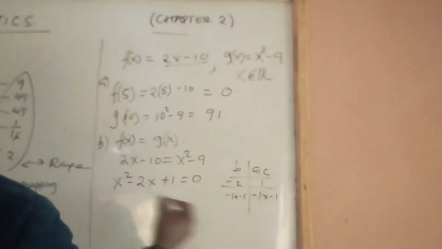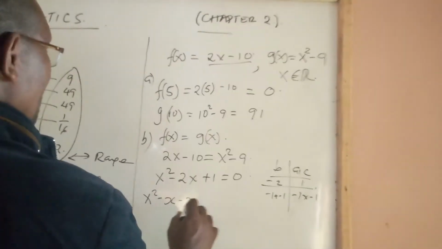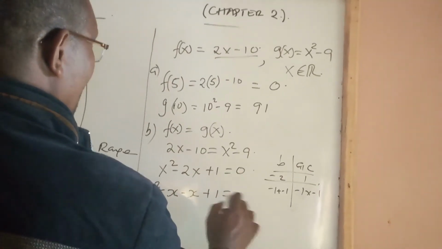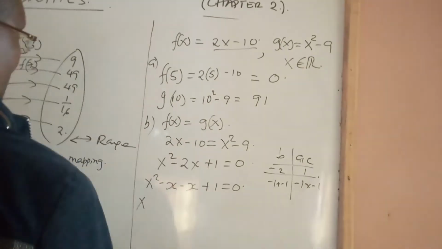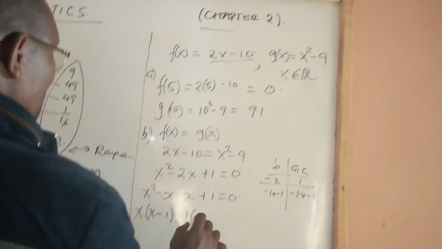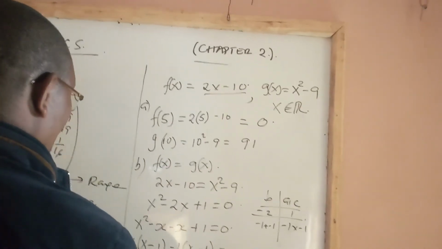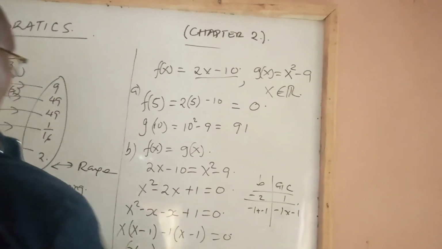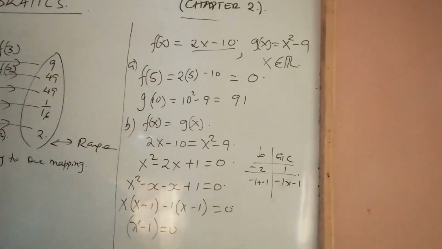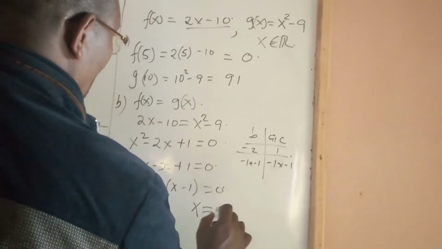So we substitute the middle term: x squared minus x minus x plus 1 is 0. In the first two terms, x is common, so x minus 1, x minus 1, which means x minus 1 is 0. Because it's the same bracket, we don't need to keep repeating it. So our value of x is equal to 1.